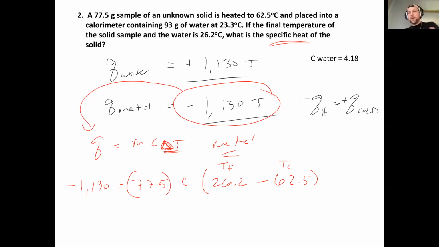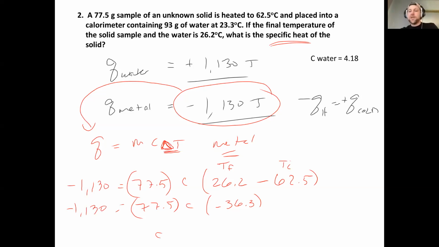I'm going to go ahead and subtract the temperatures really quick. Because it's losing, the temperature is going down and it's losing energy, this delta T is a negative 36.3. So there's that negative, and the negatives are going to cancel out. So that negative from the Q is important to cancel out the negative from the delta T.